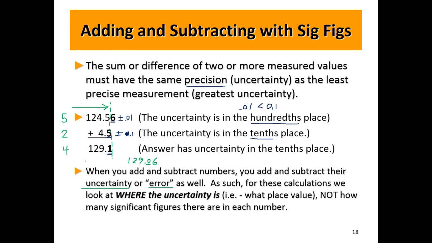So the number of significant figures are all over the place. Sometimes you might have a number that has 3 sig figs, another one with 3 sig figs, you add them, and you get a number that has 4 significant figures. So you can gain or lose significant figures when you're adding and subtracting, because it doesn't matter how many sig figs, only where they are.